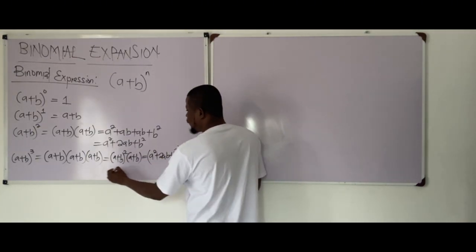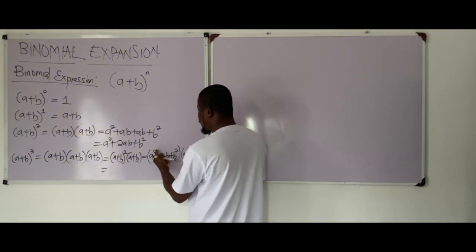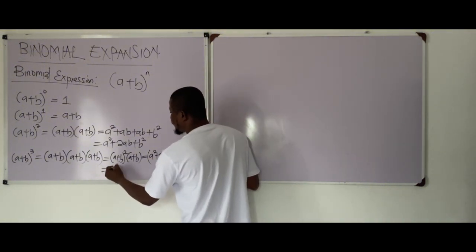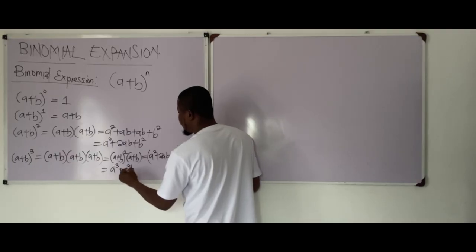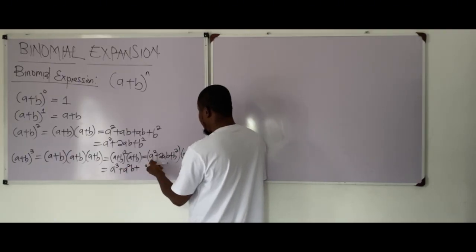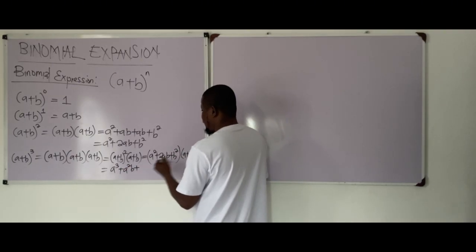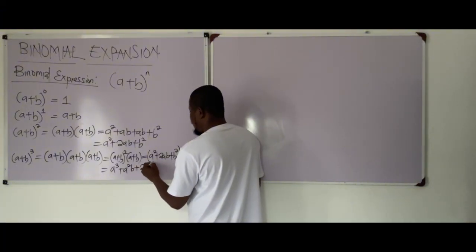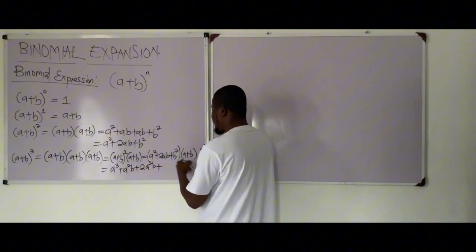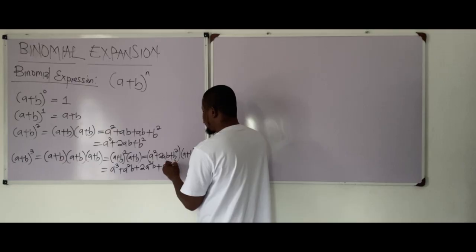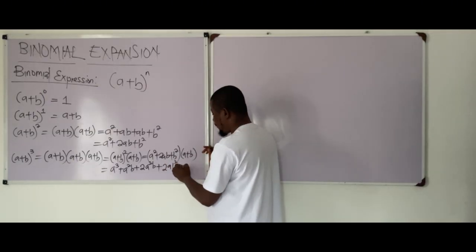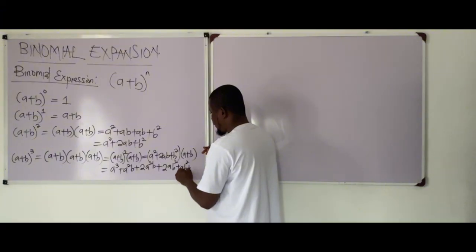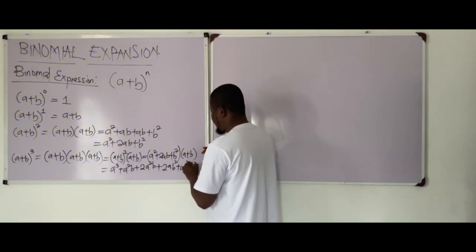Now, a squared times a gives a cubed, plus a squared times b gives a squared b, plus 2ab times a gives 2a squared b, plus 2ab times b gives 2ab squared, plus b squared times a gives ab squared, plus b squared times b gives b cubed.